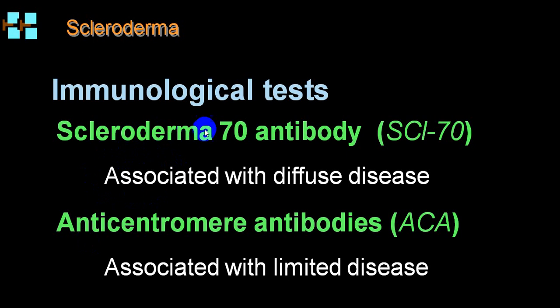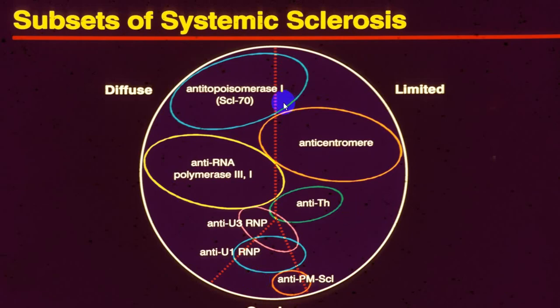Scleroderma 70 antibody will be in diffuse and anti-centromere antibody will be positive in the limited variety. These are the others which can be present in diffuse, while in limited anti-centromere is the main antibody, and in overlap you can have another variety of antibody.